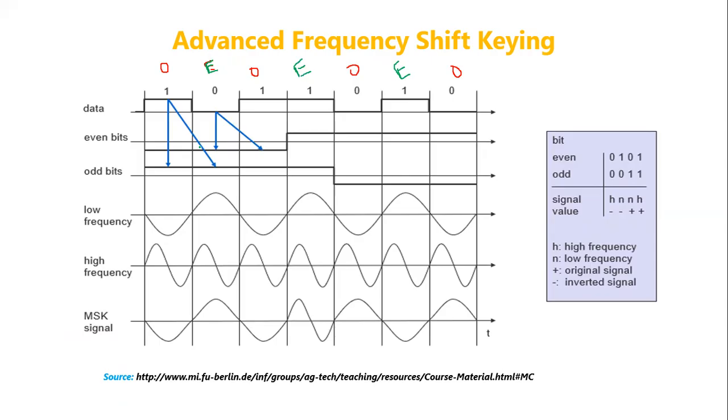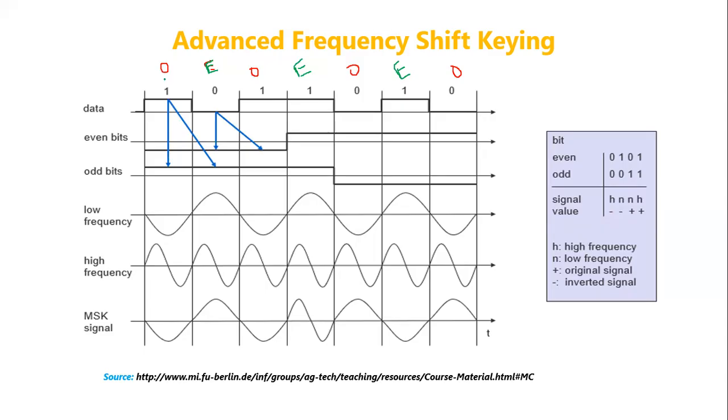For the odd bits and even bits, now we'll use two clock pulses. In the actual data, each bit is represented with one clock cycle. But after separating into odd and even bits, we'll use two clock pulses to represent one bit.